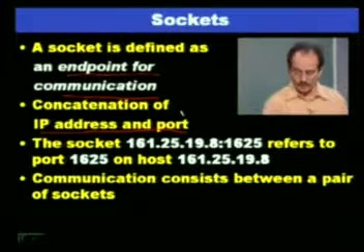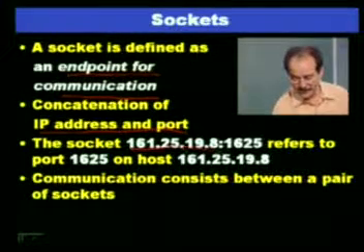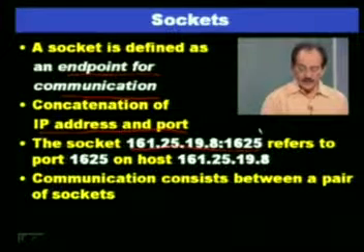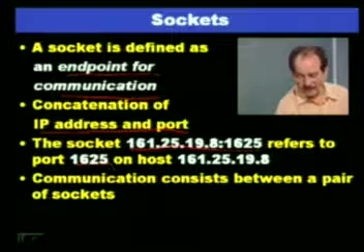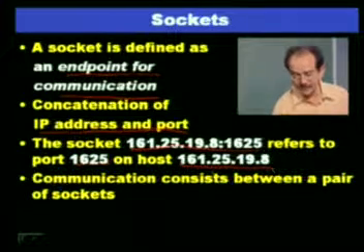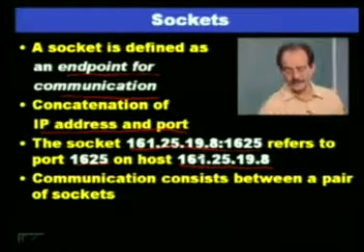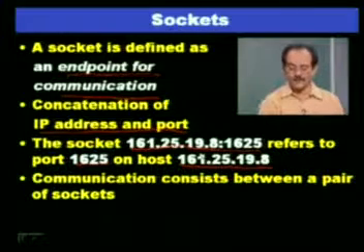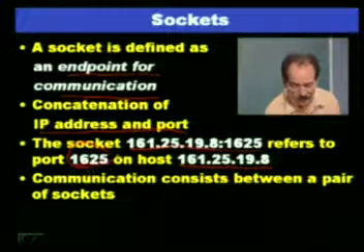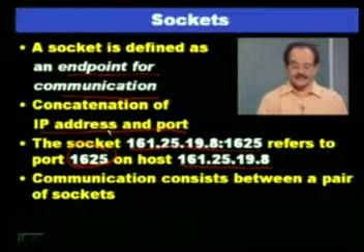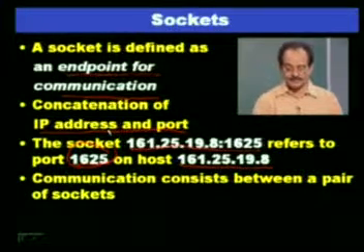Let us say this is a socket address. Maybe my port is 1625 on the host, and this is my host, 161.25.19.8, and this is the port on which this particular communication can take place.